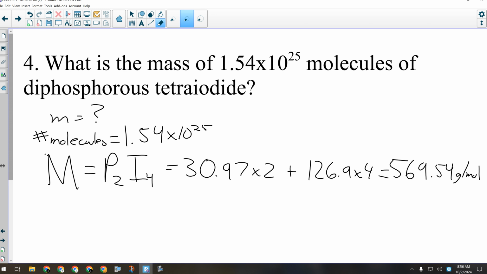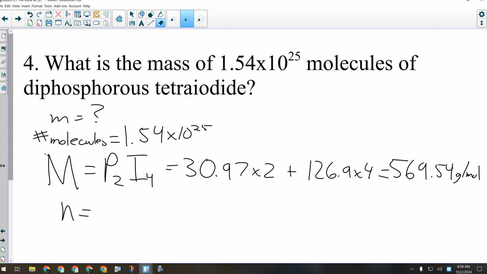If I want to find mass, I need number of moles. How can I get it? 1.54 times 10 to the 25 divided by 569.54.